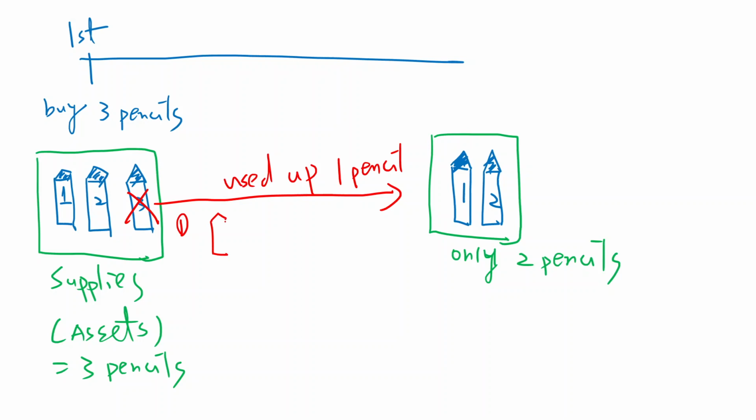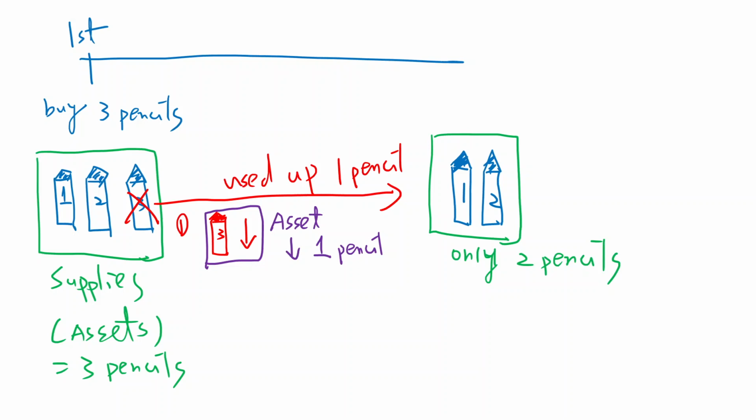So your number 3 is gone, decreased, right? Because used up already. So you will say your supplies decrease 1 pencil. Okay? What's the second effect?